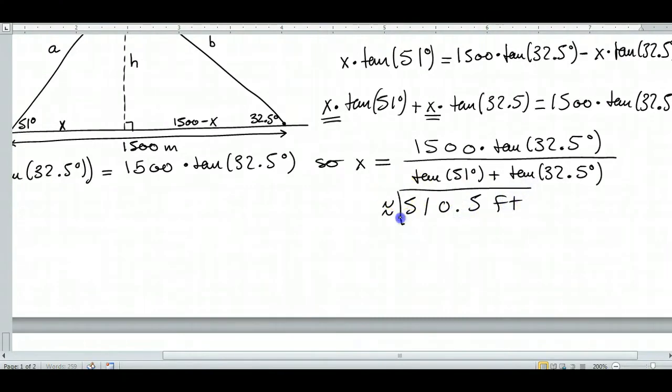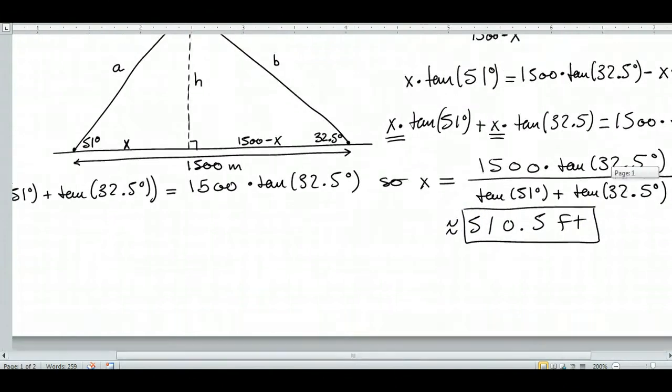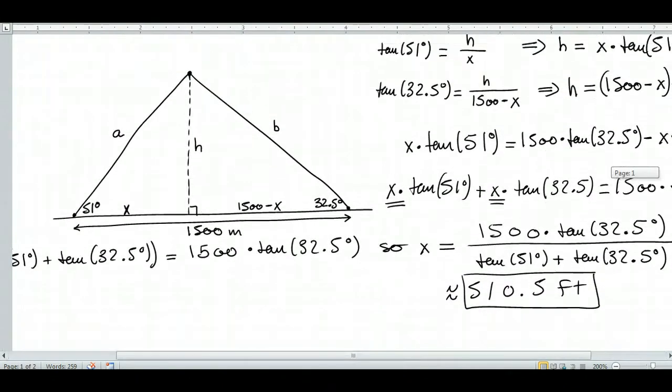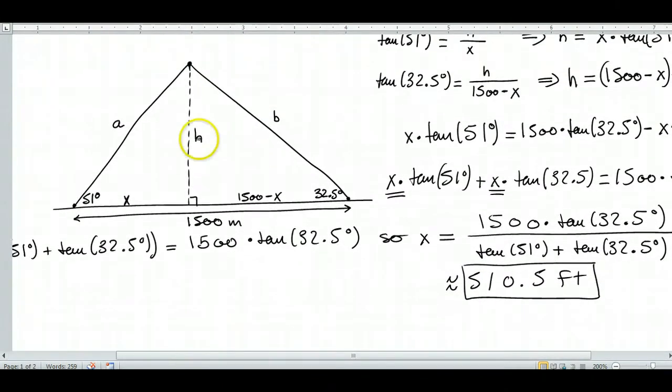Okay, all right. Now let's get A and B. So I know H, I got H now. So for A it's going to be the sine, right?